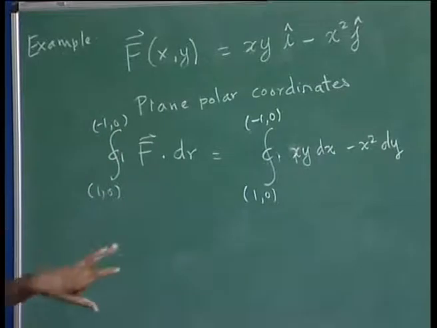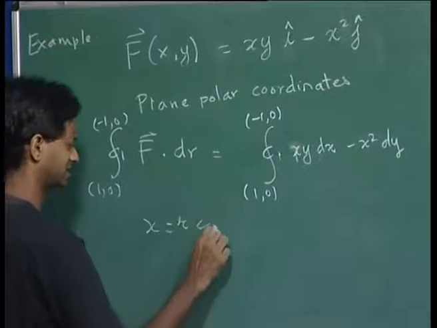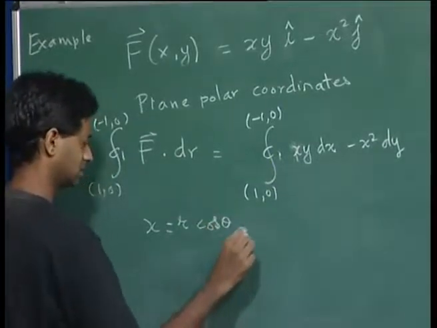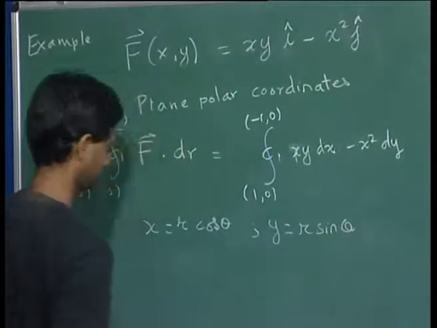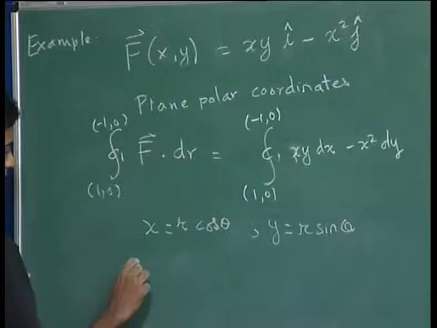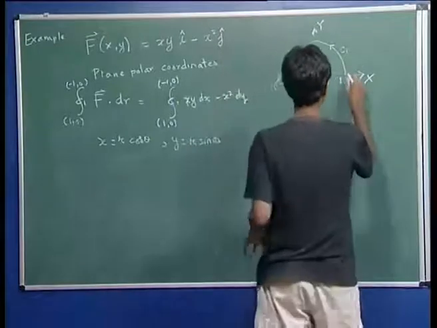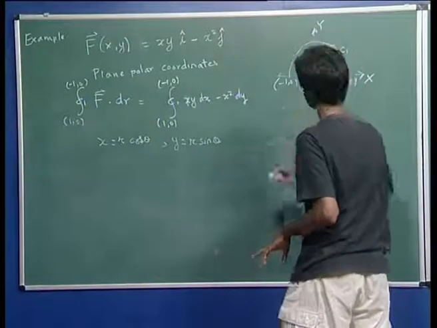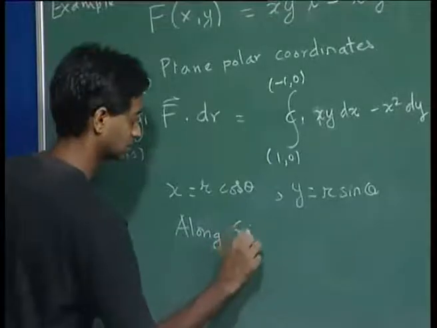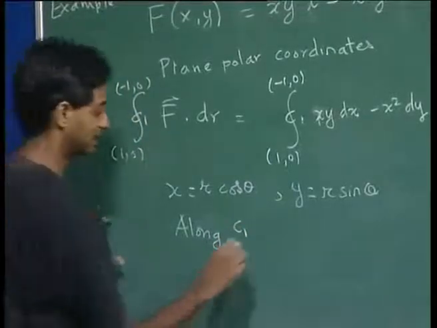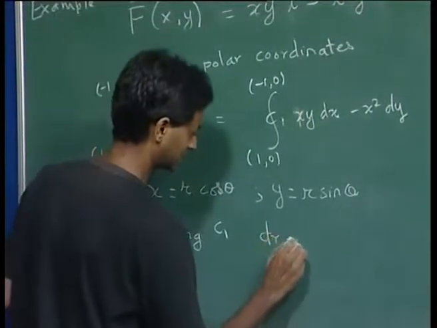Okay, so in polar coordinates you say x equal to r cos theta, y equal to r sin theta, okay, and along the path C1, we notice that dr equal to 0.